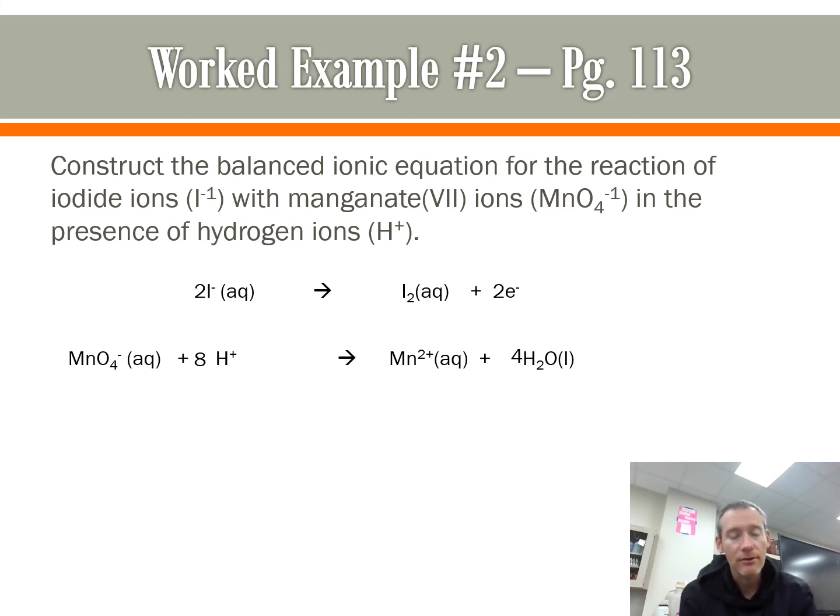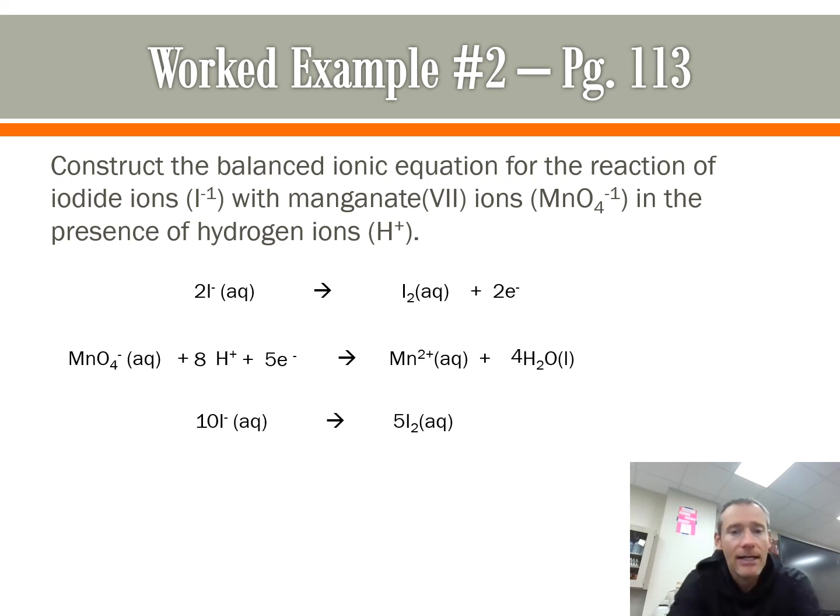The difference is 5, so you need to add 5 electrons to the reactant side to make sure the charges are balanced. Again, MnO4 is -1, plus 8 H+ gives +7, and 5 negative gives a +2 charge, and the product side is +2 as well.